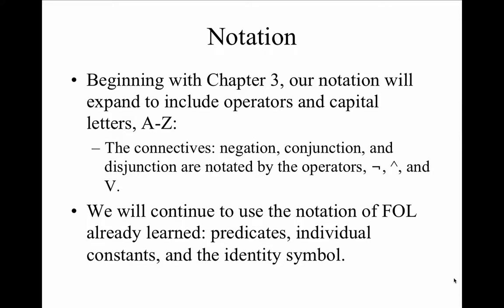We're going to be using a predicate, the first letter of which is capitalized, and we'll be using in parentheticals lowercase letters for individual constants. Our connectives, negation, conjunction, and disjunction, will be symbolically notated by the operators hook, caret, and wedge.